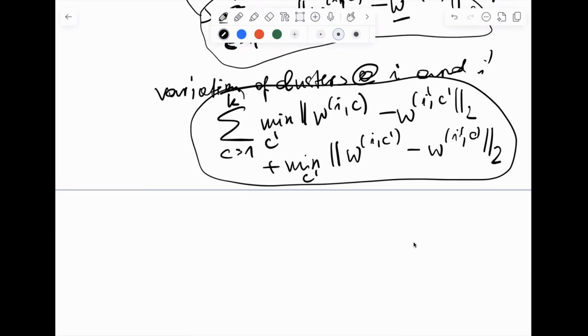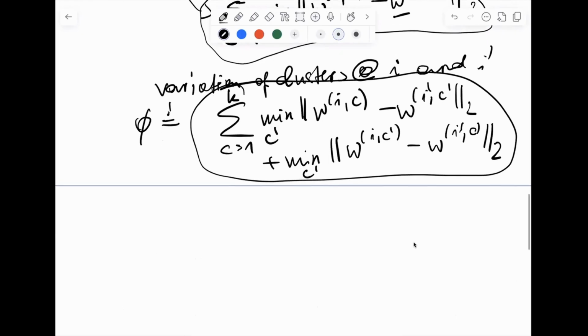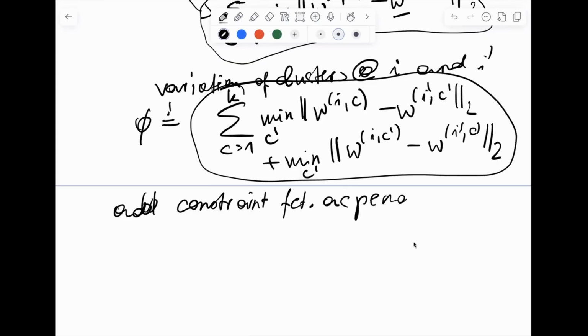So instead of exactly making a constraint that this is 0, we add this constraint function as a penalty term to the clustering objective. And then we end up with our final optimization problem.